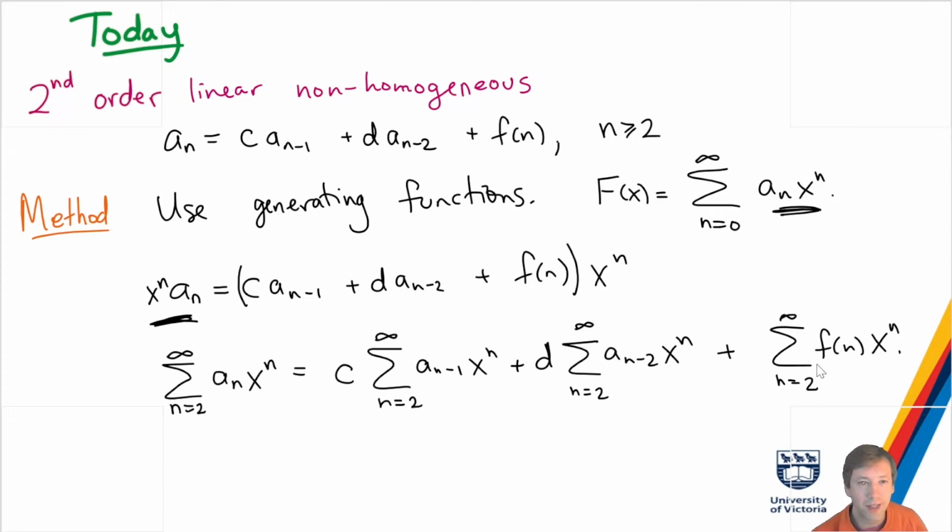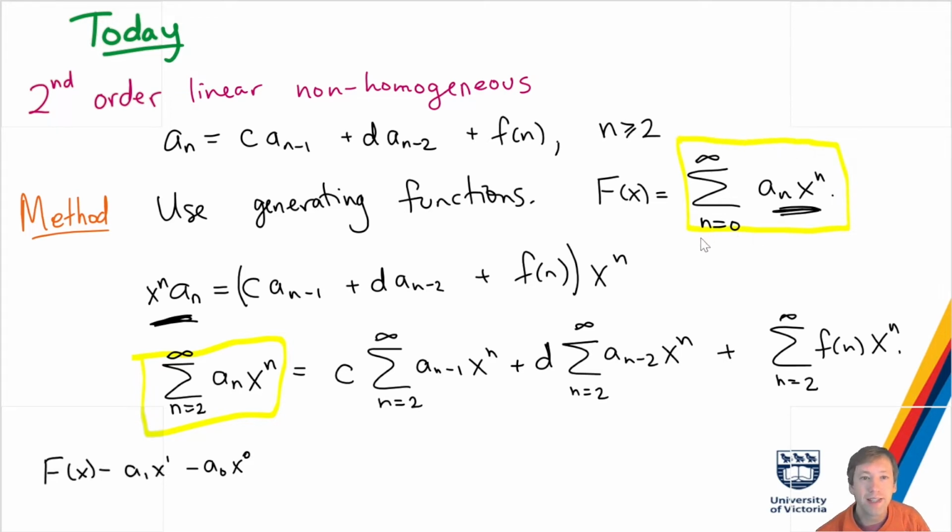Where, of course, this little f is different than the big F. And the key thing here is that on the left-hand side, what you've got is exactly F(x) minus a_1 x^1 minus a_0 x^0, because this sum looks exactly the same as the definition of capital F(x), except that this sum starts at 0, whereas this one starts at 2. Otherwise, they're exactly the same.